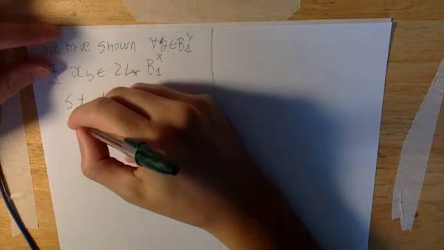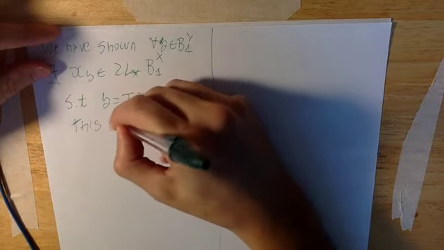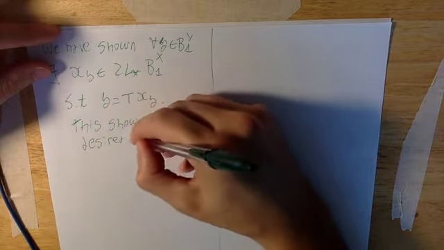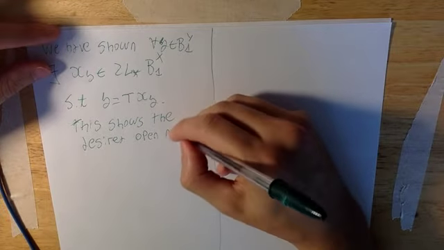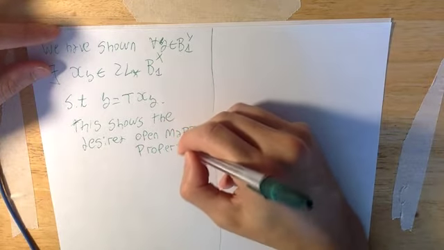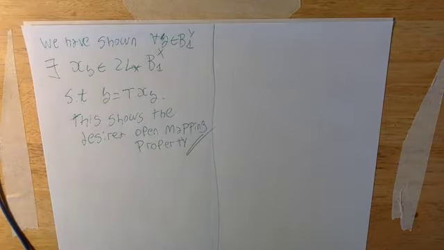And this shows the desired open mapping property. The open mapping theorem has a few different corollaries. One of them, which could be seen in another way, is the closed graph theorem.